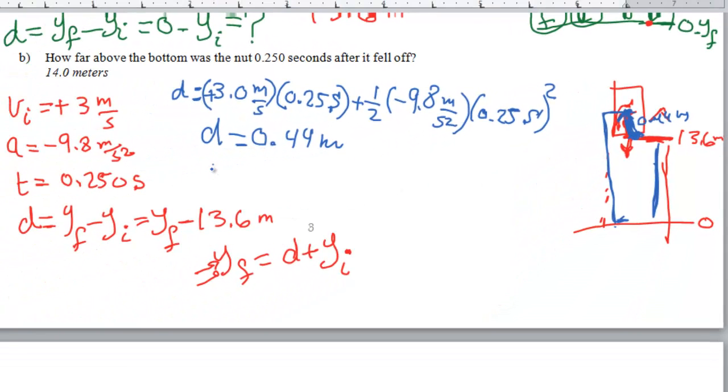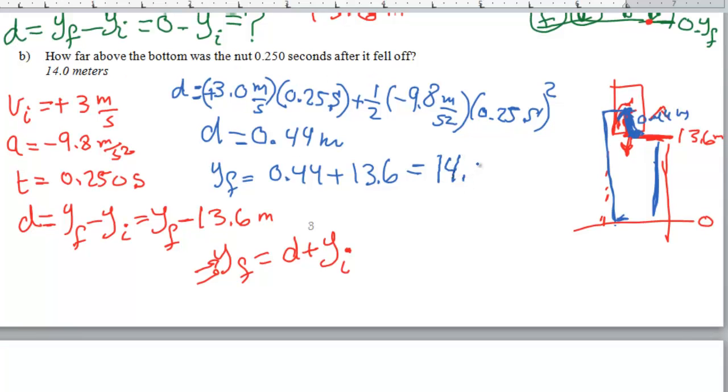So to find y final here, we have to add the displacement, which is 0.44, plus the 13.6. And this will yield around 14.04 meter, or 14.0 meter if we round it off to one decimal place.